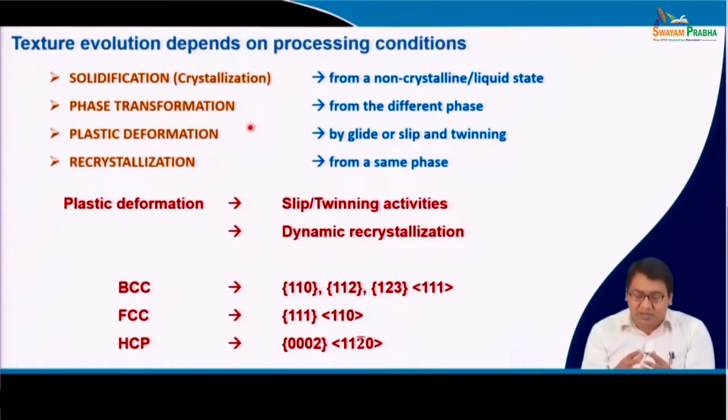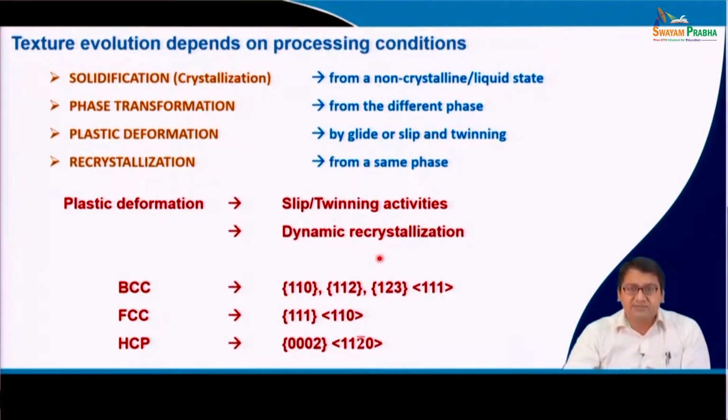Also, during the plastic deformation of this polycrystalline material, there could be a possibility of dynamic recrystallization, and dynamic recrystallization may also lead to the formation of certain texture, and we discussed a very little about this. So, plastic deformation involves the formation of deformation texture or dynamically recrystallized texture or both.